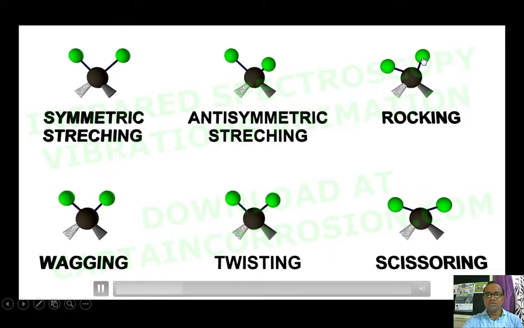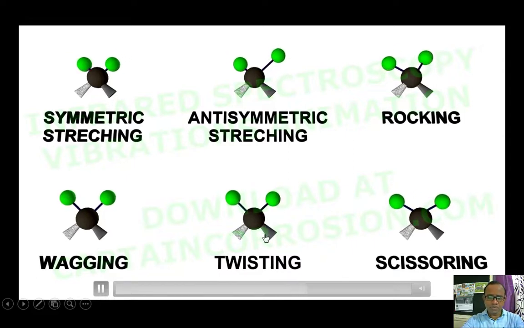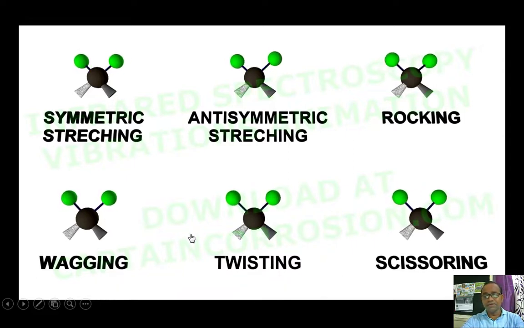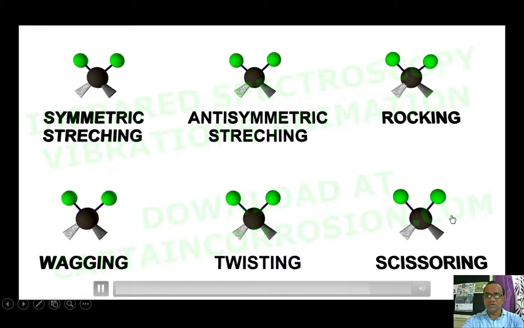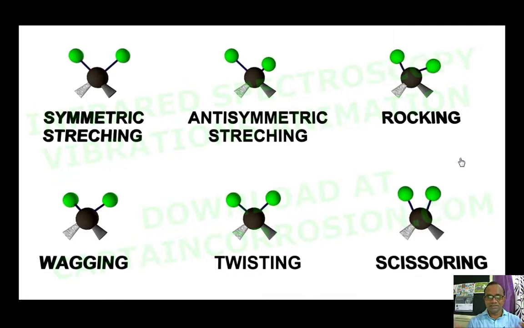Rocking, both the bonds move in the same direction. Wagging, there is an up and down movement. Twisting, one bond moves upside, another bond moves downside, and scissoring, the simultaneous movement of two atoms approaching together. So these are the 6 different types of movement of a bond that create the frequency, right?